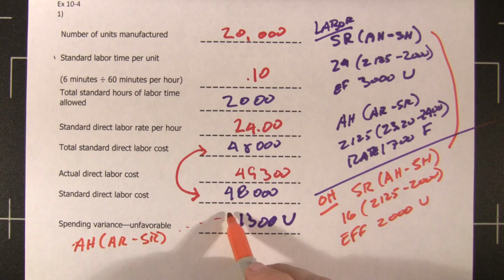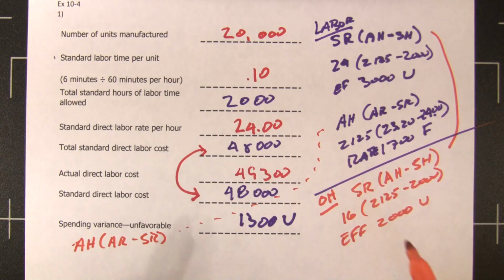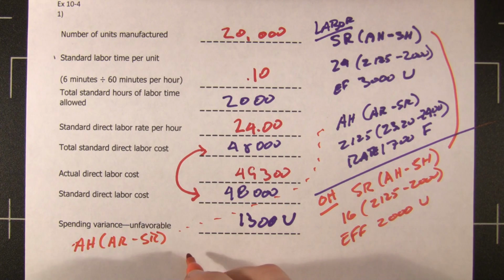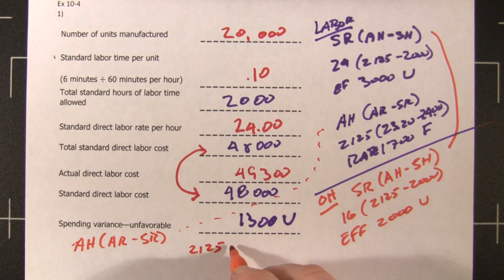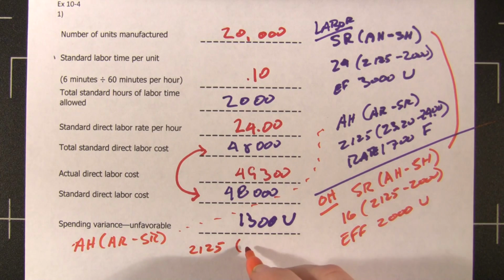And yeah, that looks a lot like that. So the actual hours that we used was 2,125. Our actual rate was $18.40.